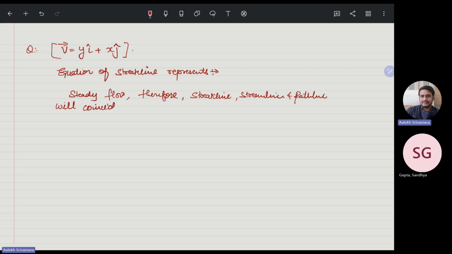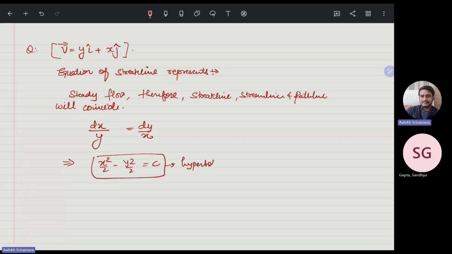Therefore, if you solve any of the equations, you will get the answer for everything. So we'll solve the streamline equation. dx by y is equal to dy by x. So it is x square by 2 minus y square by 2 is equal to constant. This is the equation of a hyperbola. Therefore, the streamline or streak line represents a hyperbola.